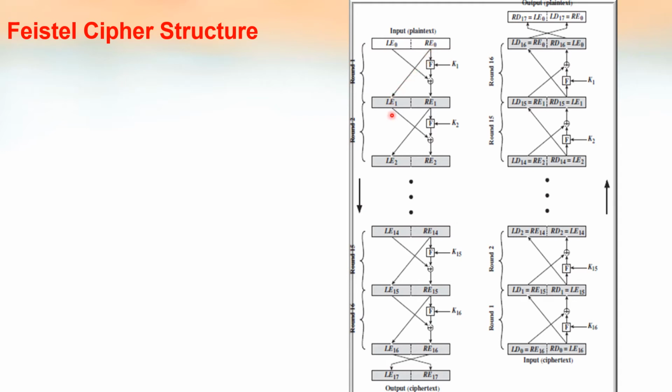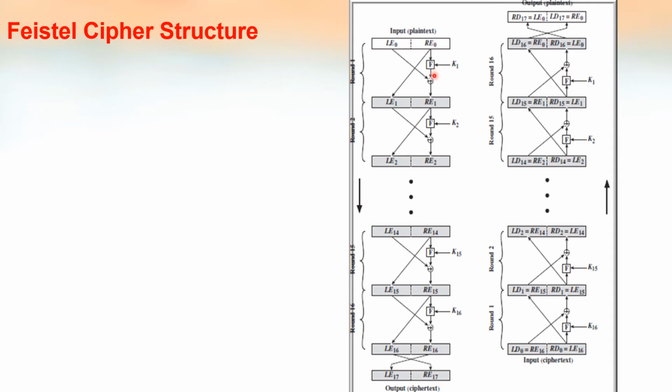So this same process repeats. Once again, the plain text is divided into two halves, left side and right side bits. If it is 64 bits, it is divided into 32. We do not do much with the left side. The right side bits are given to the round function, and a sub key is also provided to it.